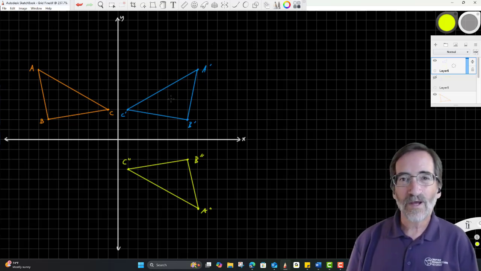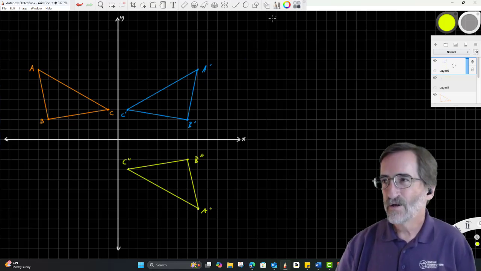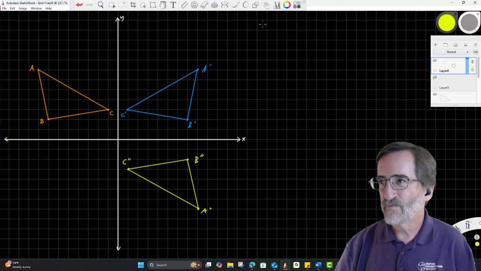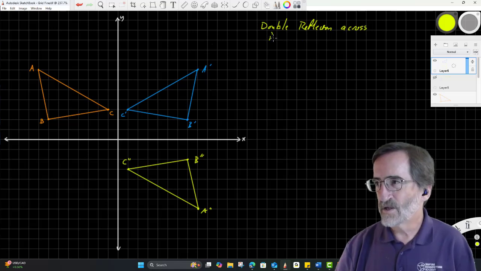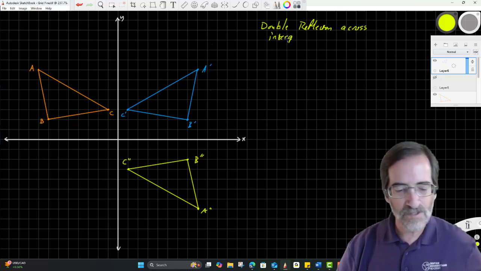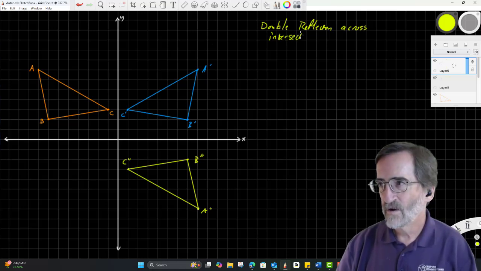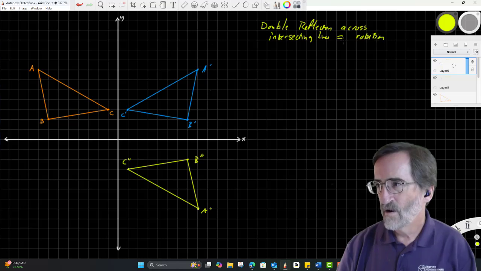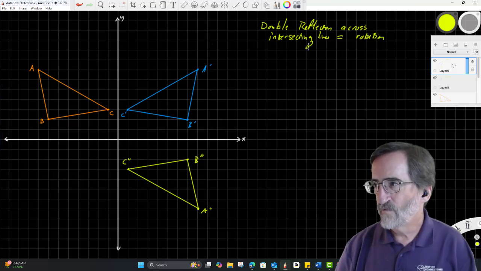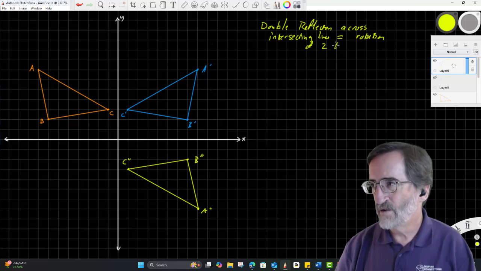The angle of rotation is always twice, so a double reflection across intersecting lines, I'm going to just generalize this, intersecting lines equals a rotation of two times the angle of intersection.